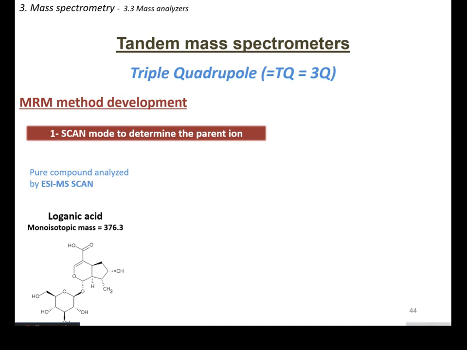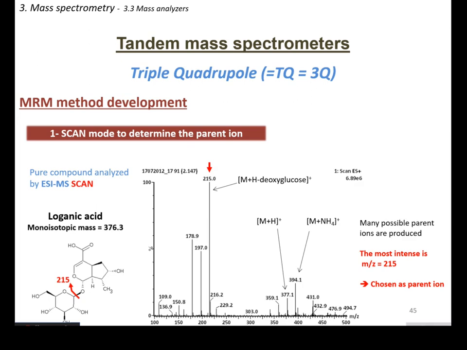Now let's have a look at a particular method development for MRM. First, you will make a scan to determine the parent ion. Here is a case of loganic acid of monoisotopic mass 376.3. It's a pure compound, and you analyze it with LCMS, triple quad. And here is the mass spectrum of the full scan of this compound.